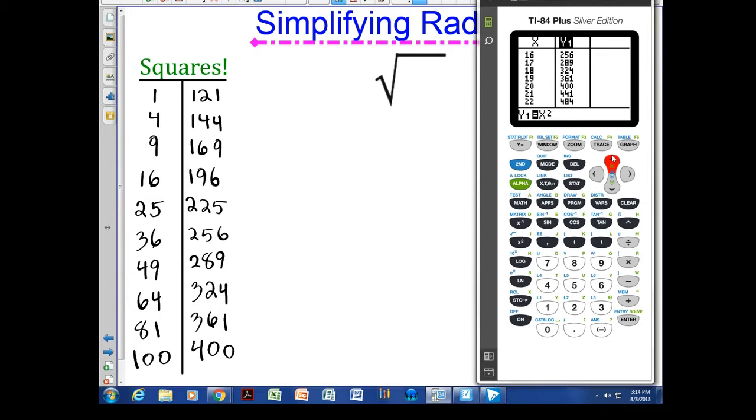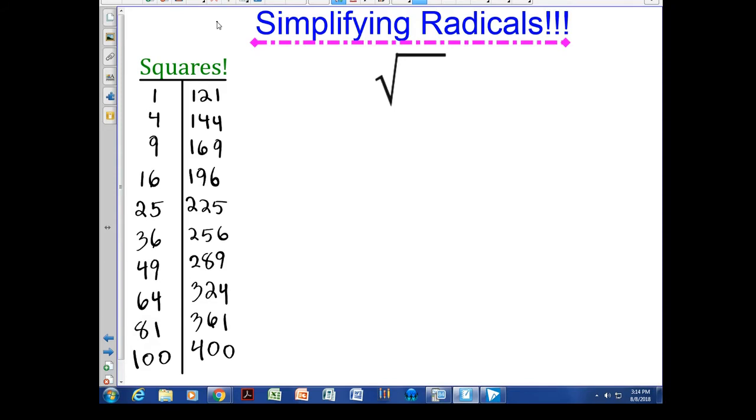So let's never forget that the only numbers that give you nice, clean, rational answers inside a radical are square numbers. For example, if we have the square root of 169, that right there is going to be a nice rational number because 169 is a square number.